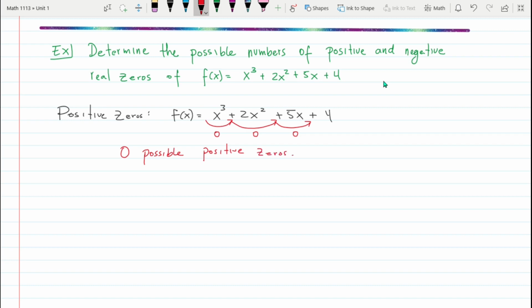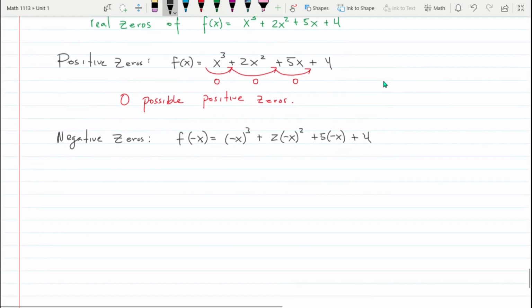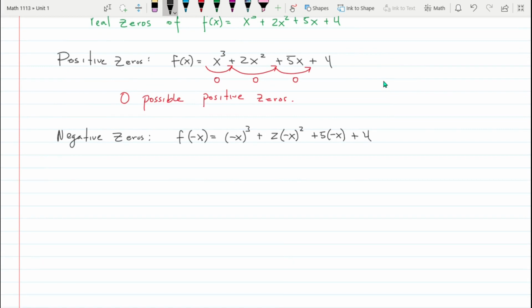Okay? In order to find the negative zeros, we have to do f evaluated at negative x, meaning that everywhere there is an x, plug in negative x. And once that's done and simplified, we will count the sign changes, and that's going to give us the possible negative zeros.